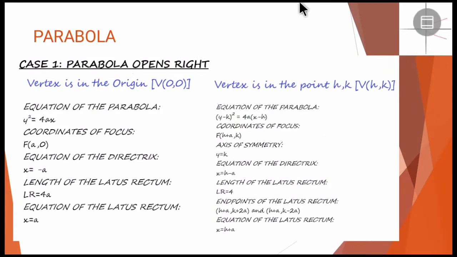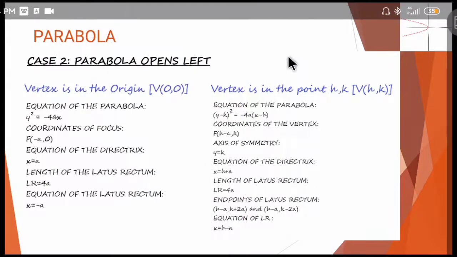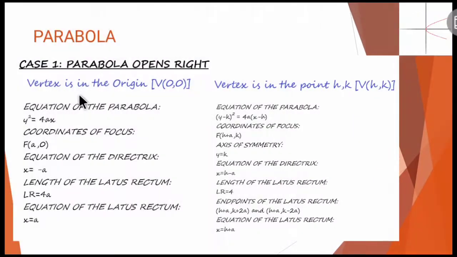We have 2 cases. If the vertex is at the origin, V(0, 0), the equation of the parabola is y squared equals 4ax.